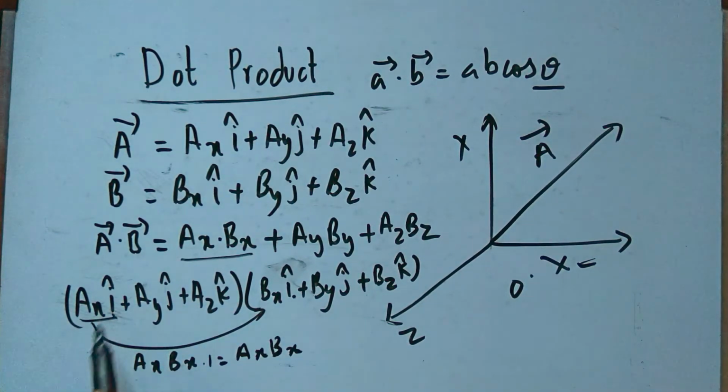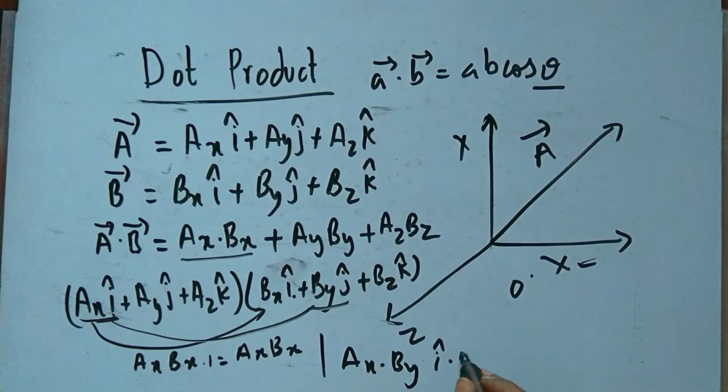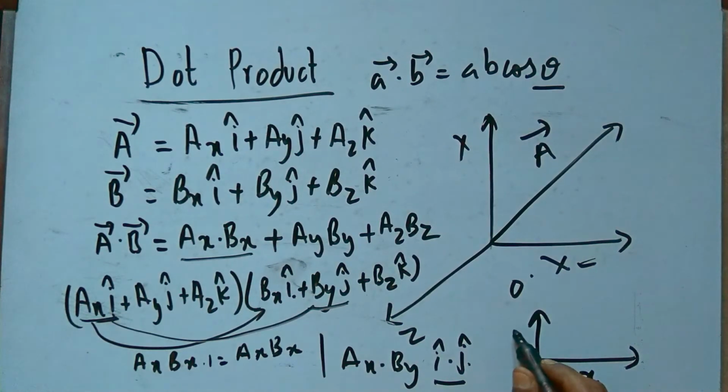Now Ax i into By j. It will be Ax into By i dot j, but we know i points in x direction and j points in y direction.